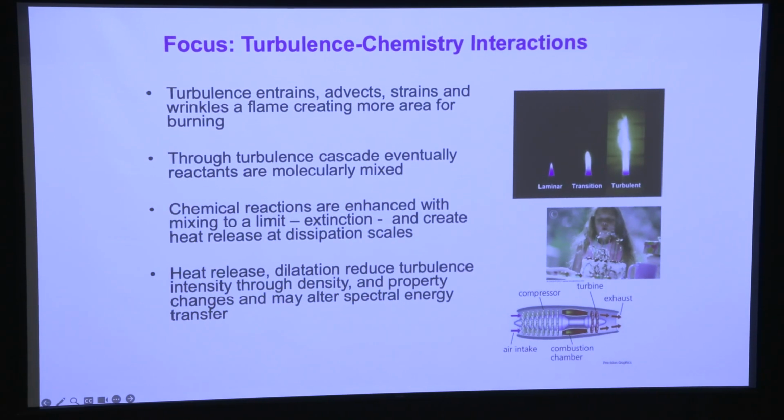And so through the concept known as stretch, which involves both tangential strain as well as a flame's own self-propagation, coupled with the local geometry of the flame as it gets wrinkled, that mechanism of stretch changes the amount of area that's produced for combustion to occur.